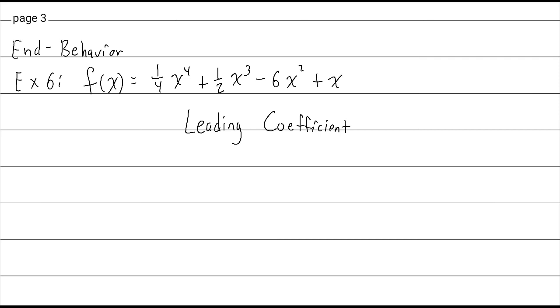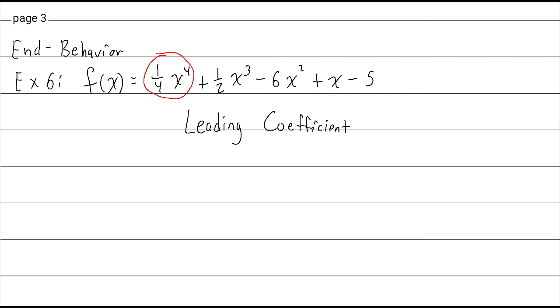I'm telling you to look at something very specific. It does not matter if it's fractions or whole numbers or whatever. Look at the leading coefficient, and we can identify the leading coefficient as 1/4. It's the number in front of that 1/4 x to the fourth. The 4 being the highest exponent, I know to focus on the 1/4 x to the fourth, and all of this is irrelevant.